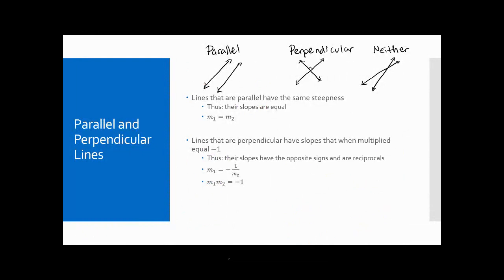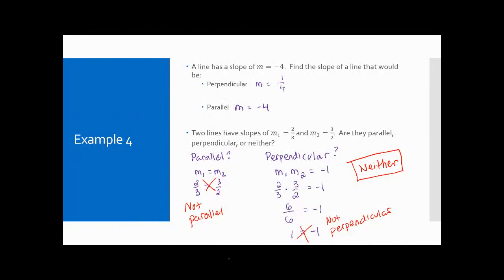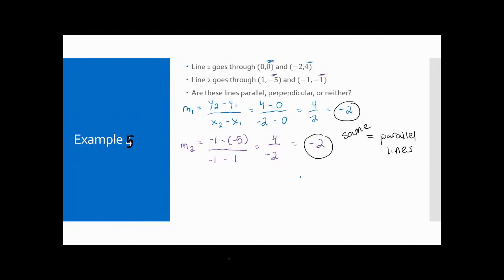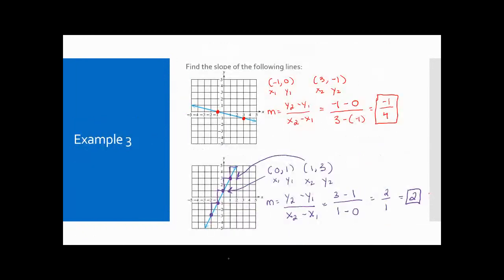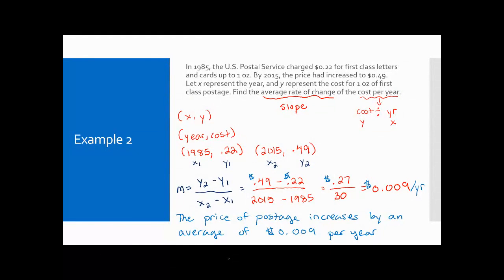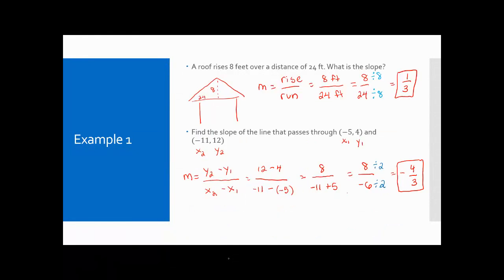So those are the shapes: parallel, perpendicular, and then neither. That's basically everything that is covered in 3.3: going through whether lines are parallel, perpendicular, or neither, and being able to find the slope and calculate it based off of these graphs, or based off of ordered pairs, where they're giving you numbers and you're using the formula.